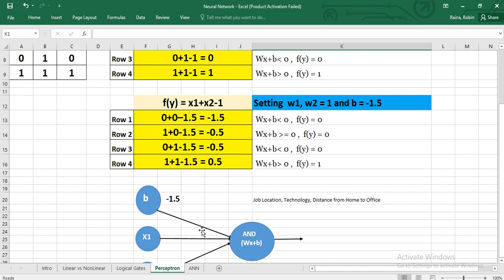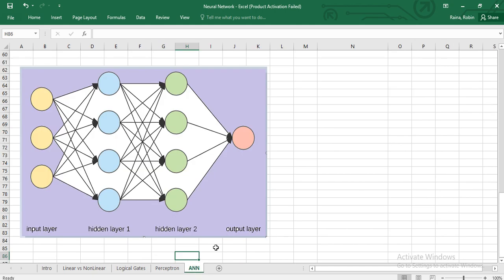But in a neural network, it takes further steps. It checks the error. Then if there is a lot of loss, if there is error, it back propagates and adjusts weight and bias. And it keeps on repeating for all the training examples. So this is how your neural network looks.